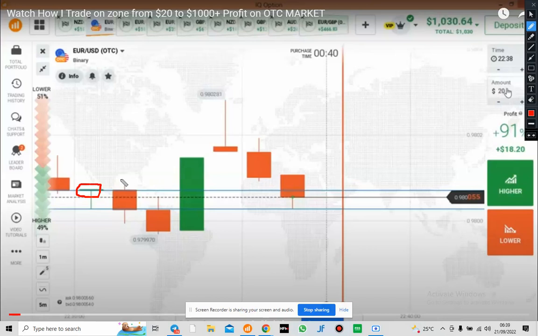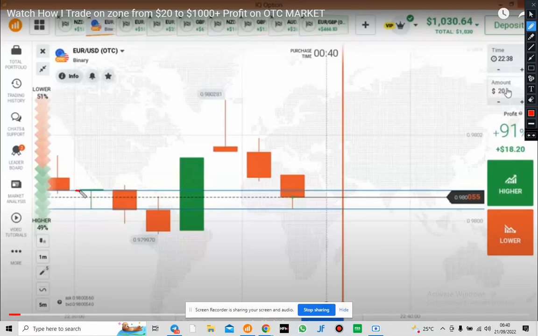Yes, but sometimes you see a tiny body with a long wick, still a doji candlestick. We call this type of doji a dragonfly doji.